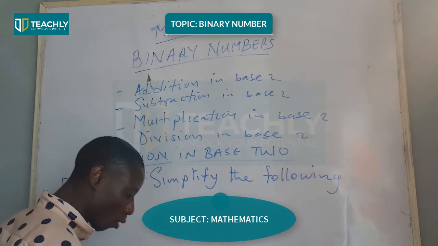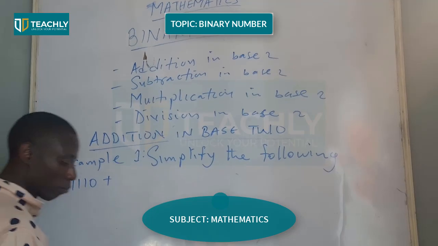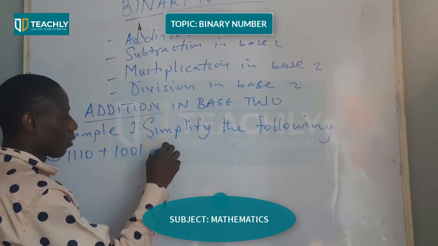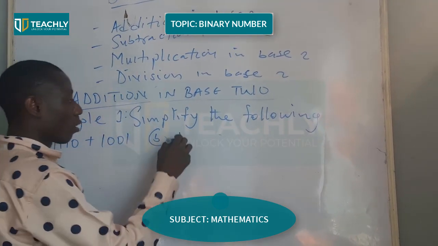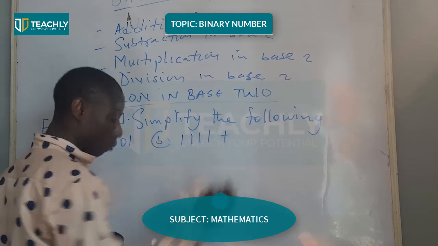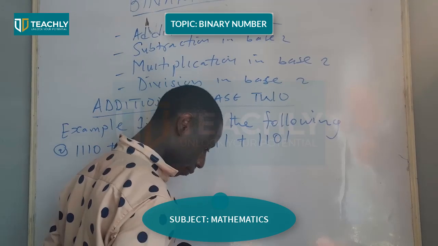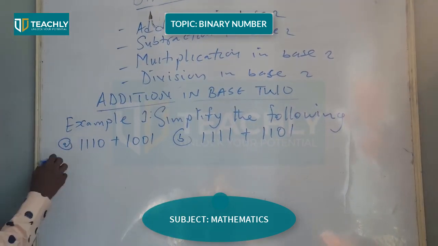Here we have 1110 plus 1001. 2. We have 1111 plus 1101.